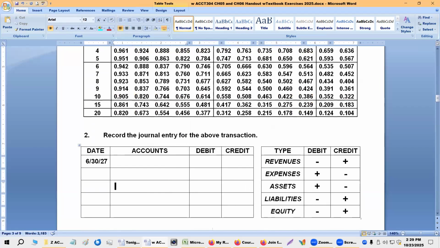Over here we have our list of accounts. That's an asset. Yep, and it's going up. Now, in this case, we're going to put it on at the full amount, and I'll show you what we're going to do with the rest of it.